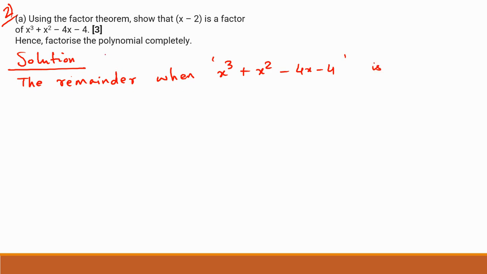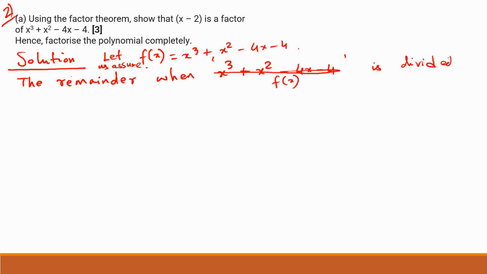Okay, let's first write, let f(x), let us assume f(x) equals x cube plus x square minus 4x minus 4. Now instead of this, the remainder when f(x) is divided by x minus 2.